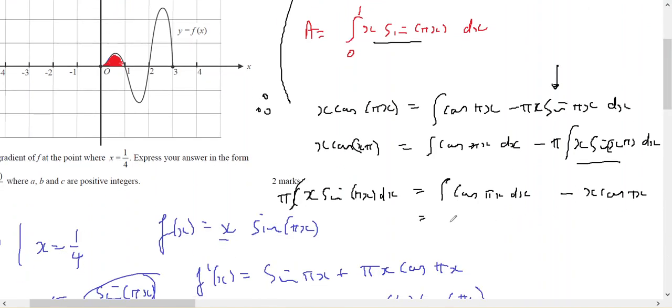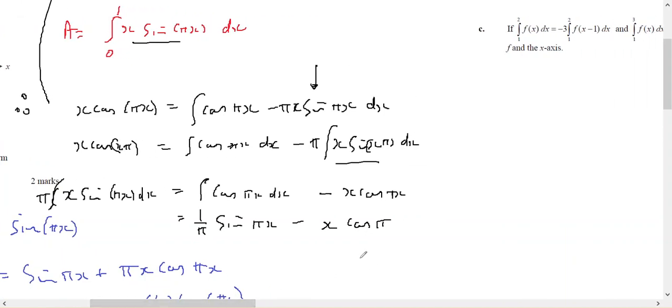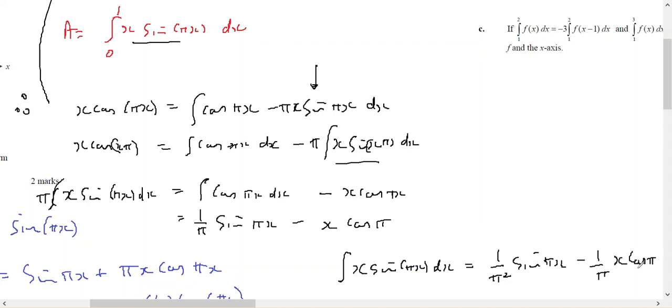And the integral of this is going to be, the integral of cos is sine, positive, but my a value is pi, so 1 on pi sine of pi x minus x cos of pi x is going to be my antiderivative. Therefore, putting that all together, the integral of x sine of pi x dx will equal, I move the pi over, 1 on pi squared sine of pi x minus 1 on pi x cos of pi x.